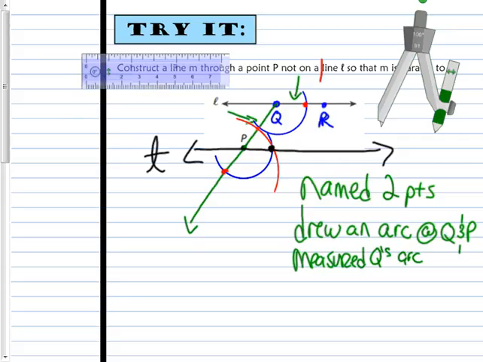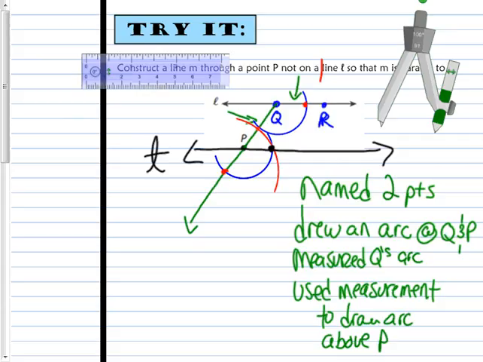I measured how wide it was, and once I measured how wide it was, I used the measurement to draw another arc above P. Okay, so that's where I used the measurement to draw an arc above P, which was the red one. And then where that intersection was is my second point, and I was able to draw my straight line to the 2 points, because any 2 points make a straight line.